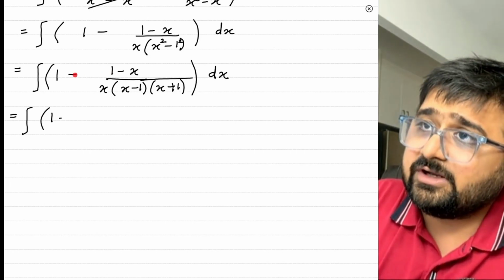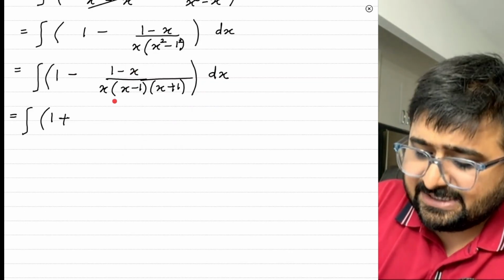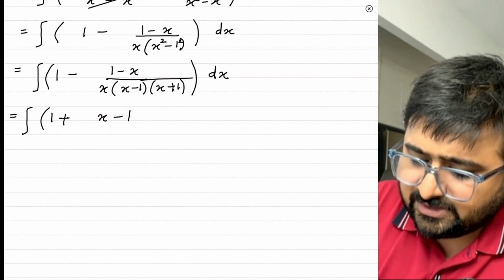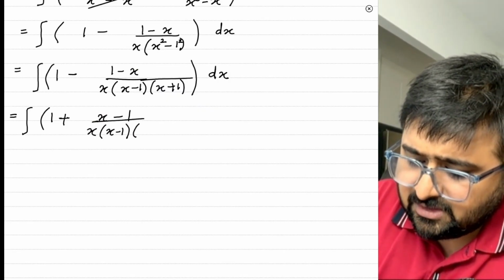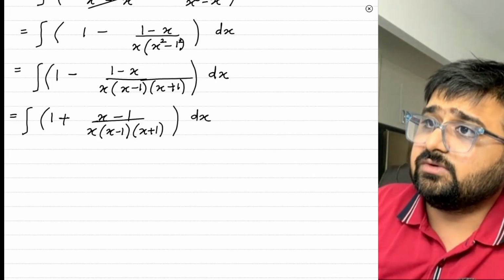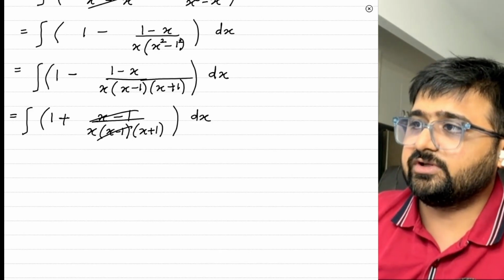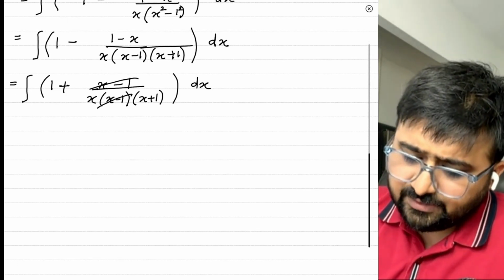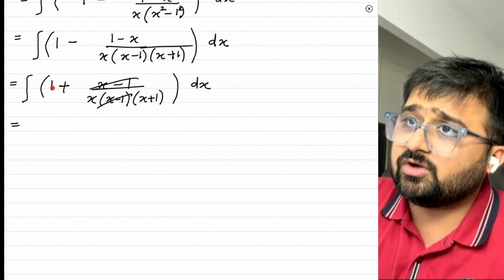If you factor out negative from here, this will become positive, and this 1 minus x will become x minus 1, divided by x, x minus 1 and x plus 1, and you are integrating with respect to x. Now again that x minus 1 and x minus 1 will get cancelled over here. Okay. Now what you can do is split that integral in both of those terms.